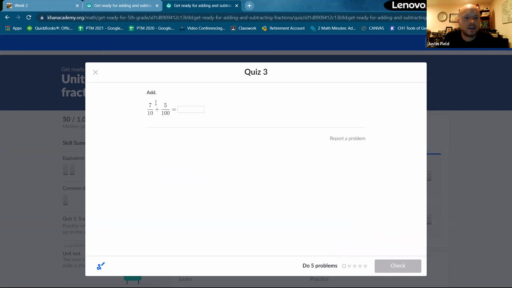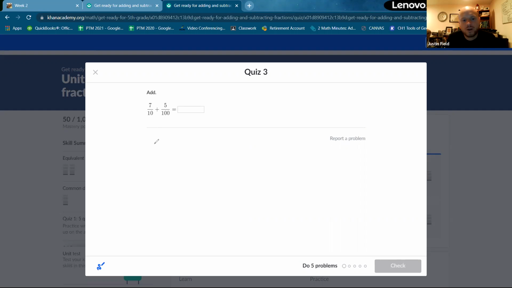All right. So now last one, now we don't have common denominators, but by this time, we should know how to get them. Okay, so thinking about 10 and 100, what would be the common multiple?